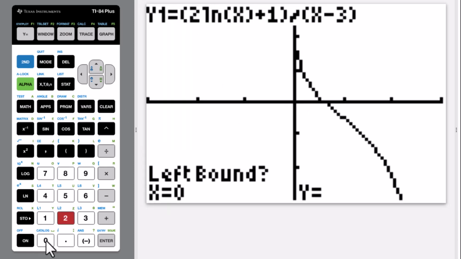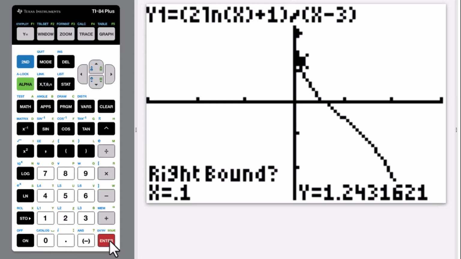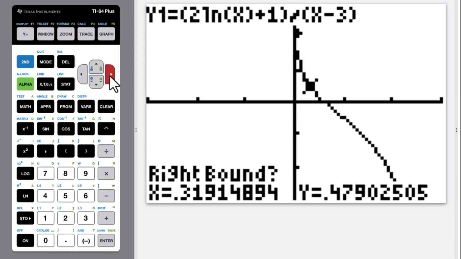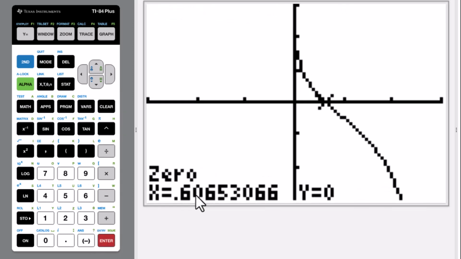We can put 0.1 as the left bound. Then move the cursor to the right side of this x-intercept. Enter. The x-intercept will be 0.607.